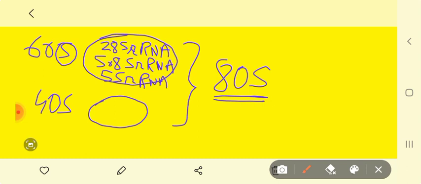So the large ribosomal subunit found in the eukaryotes, that is the 60S, is composed of 28S rRNA, 5.8S rRNA and 5S rRNA with 40 different types of ribosomal proteins.